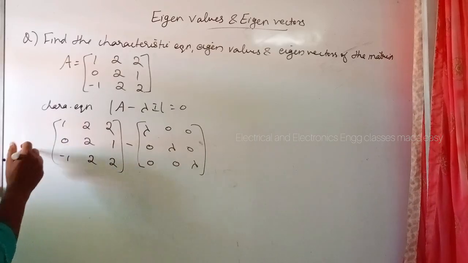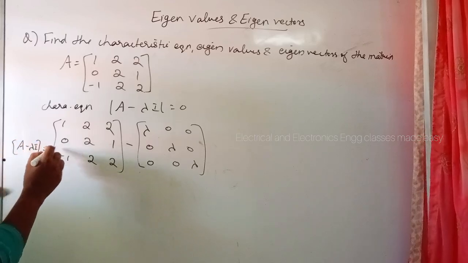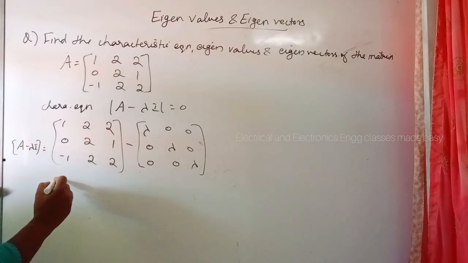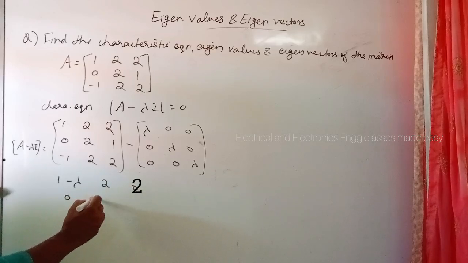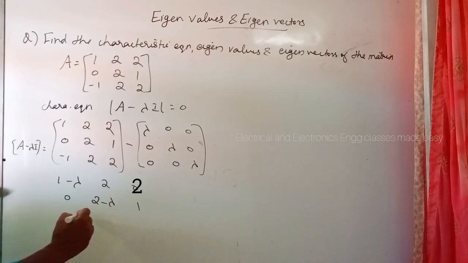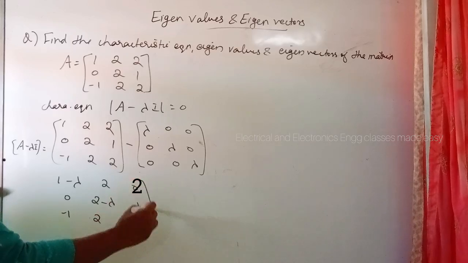So this is A minus lambda I, which is equal to 1 minus lambda, 2, 2, 0, 2 minus lambda, 1, minus 1, 2, 2 minus lambda.